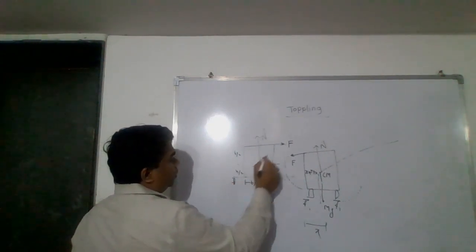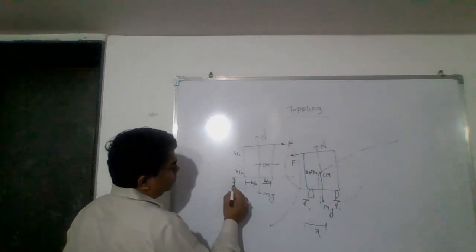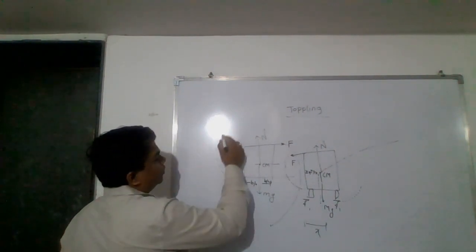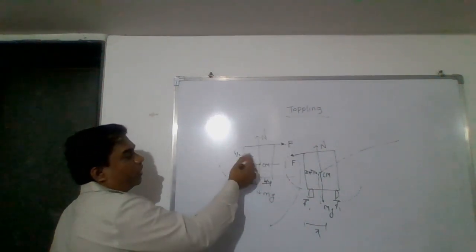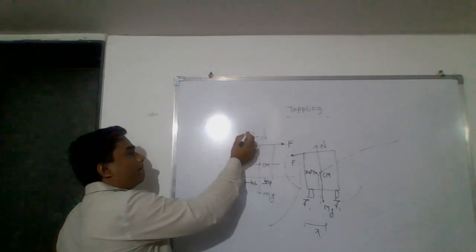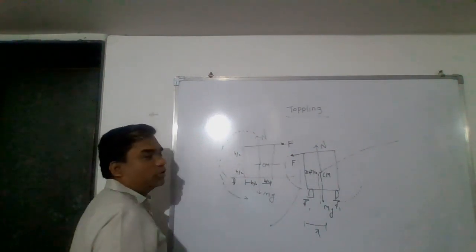Now this force will cause a couple, like this, and this force will also cause a couple about the center of mass. To balance this couple, this N applies a couple in the opposite direction.